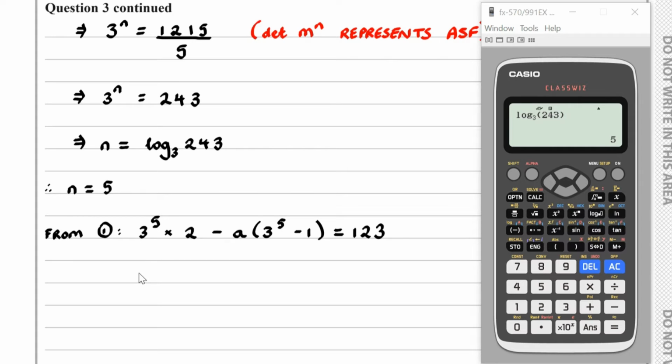So we have 486 subtract, well here we have 242a, and that's equal to 123. And so what we can conclude from here then is a equals 3 over 2.